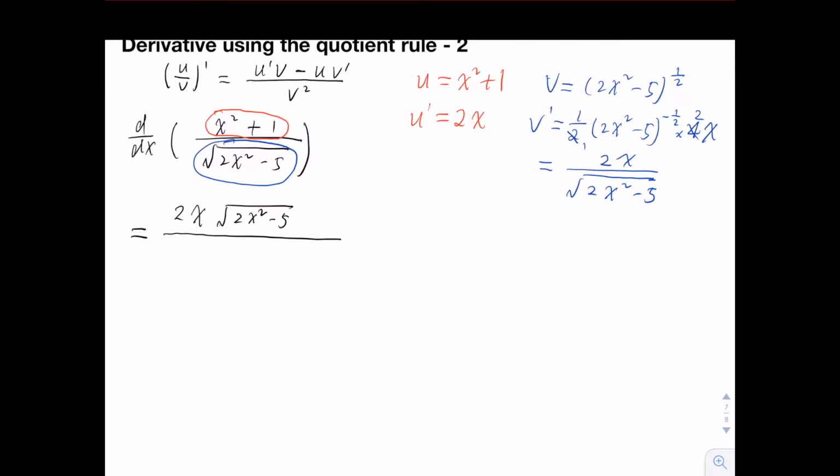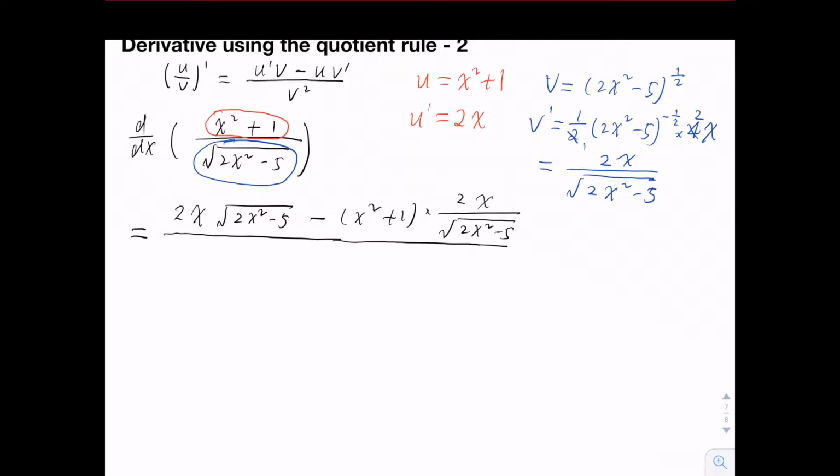And then don't forget the minus uv dash. My u is x squared plus 1, I'm extending this fraction, and times the v dash. V dash is 2x over the square root of 2x squared minus 5.